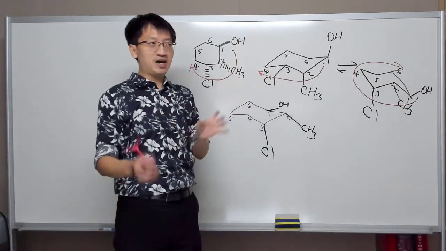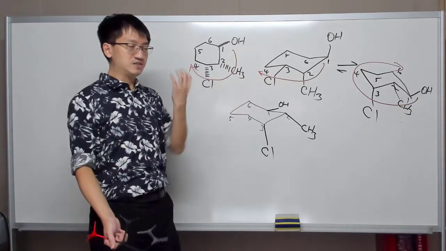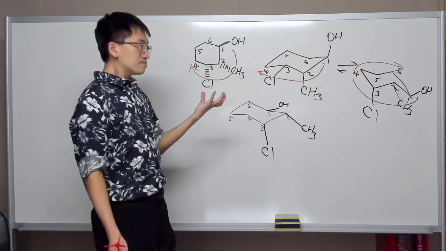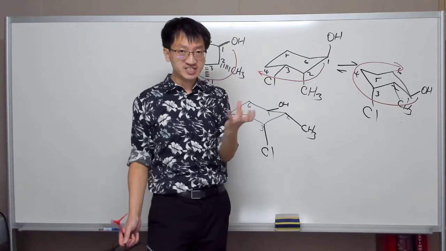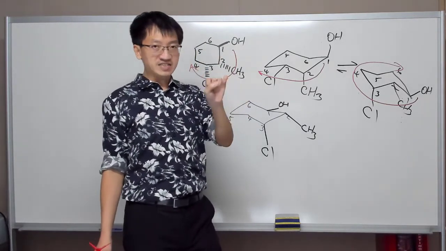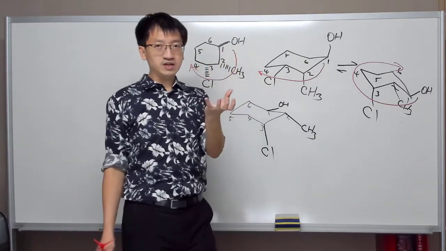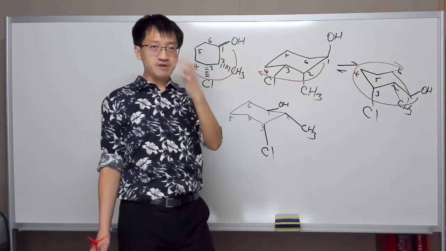So that will be the end of this particular video. I tried to show you, number one, how to draw the chair conformation of a cyclohexane, and number two, the ring flip process.